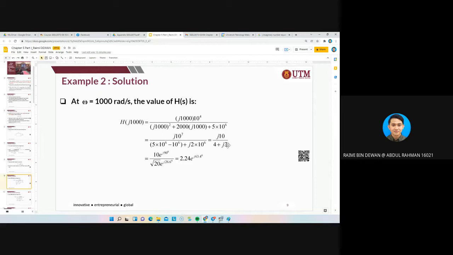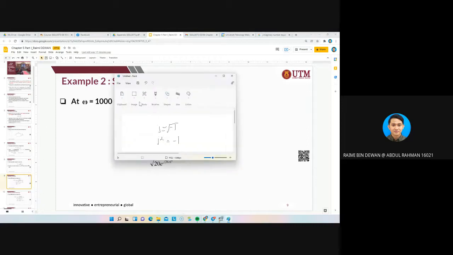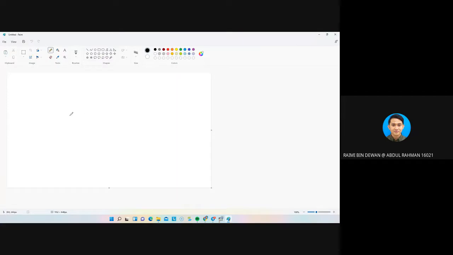And then you can see, you can introduce what is equal to j. Remember Euler's formula? Do you remember Euler's formula that we learned before? Okay, I won't try to write this completely.